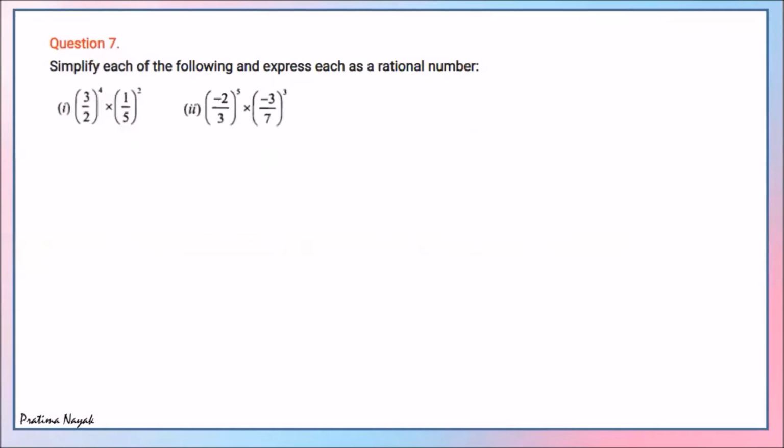Question number 7. Simplify each of the following expressions to a rational number. Simplify means you have to go for the whole expansion.